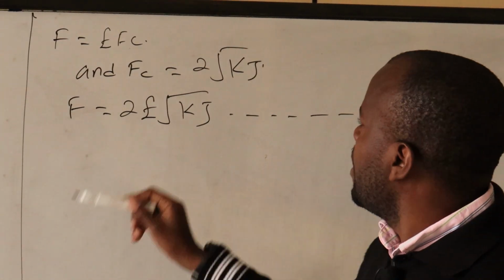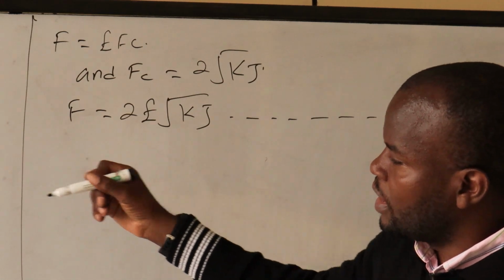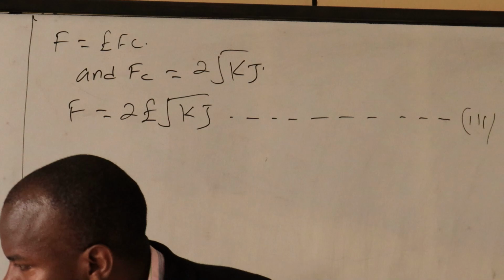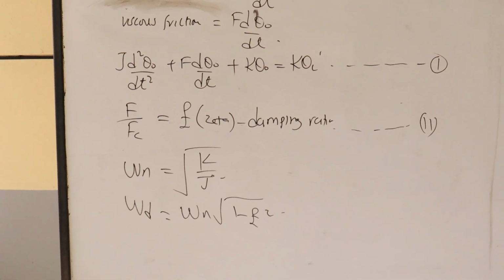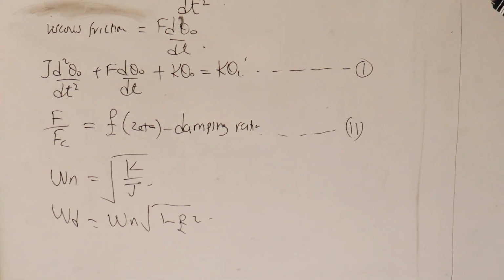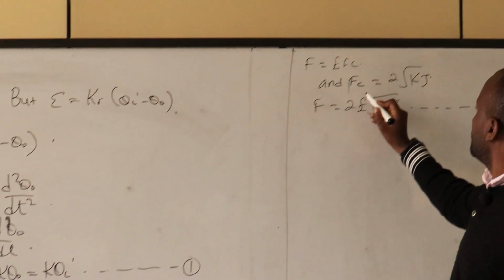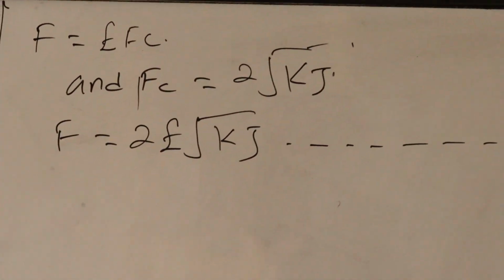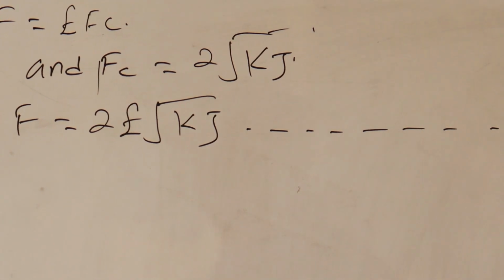We did say that F over Fc is equal to zeta, in equation 2, but Fc is given by 2 root of kJ. So from there we can get F, where F is given by that.